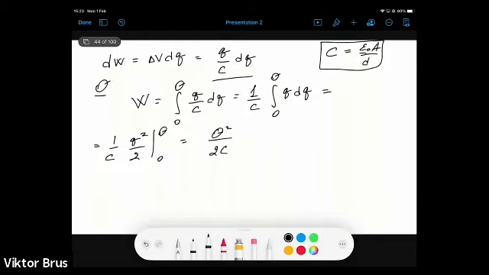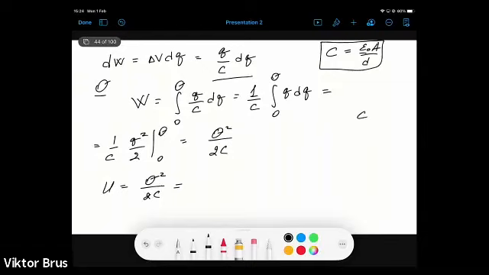So in this case, we can write that potential energy accumulated in this capacitor will be Q squared divided by 2C, the same as work done to charge this capacitor. And now we need to take into account the relationship which defines capacitance.